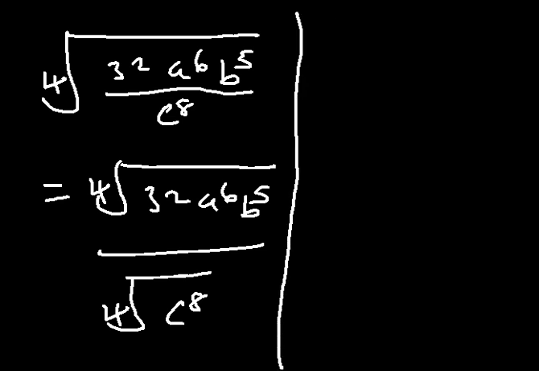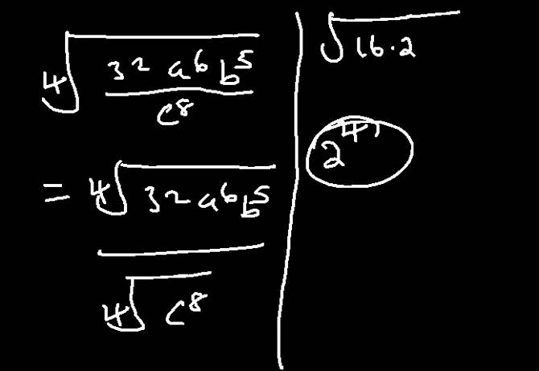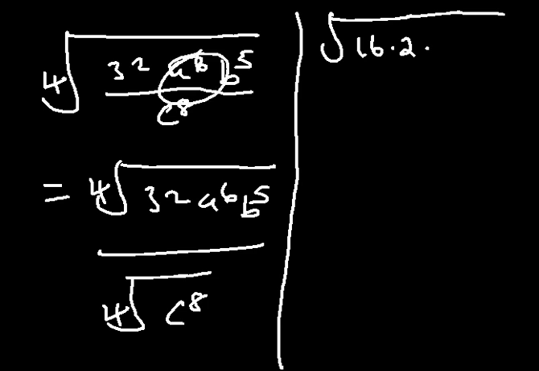And now this is the same as the fourth root of 16 times 2, since 2 to the power 4 is 16. So 16 is a perfect fourth factor. How can we have a to the power 6 having the perfect fourth factor? We have a to the power 4 times a to the power 2. How about this one?